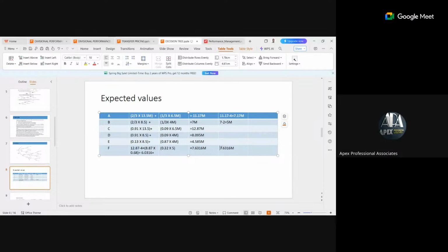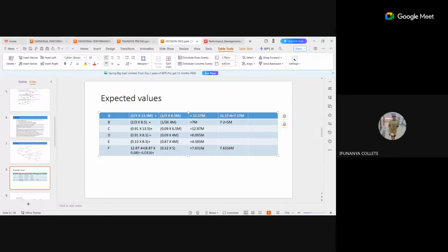We have what value? 6.0316. Yes, then 0.32 multiplied by 5. We have what? 1.6.